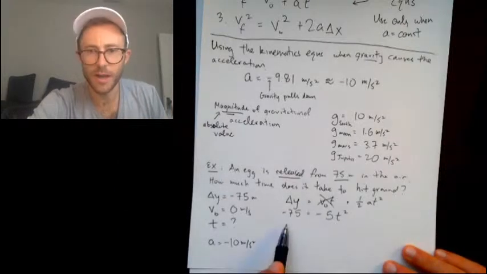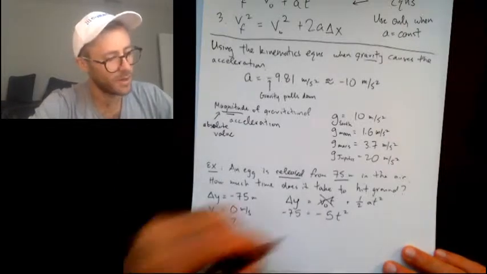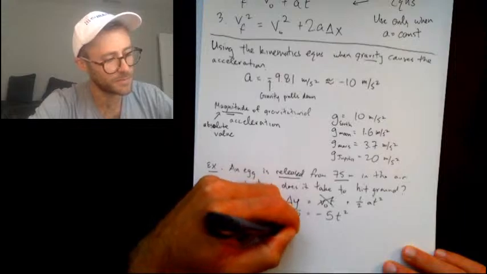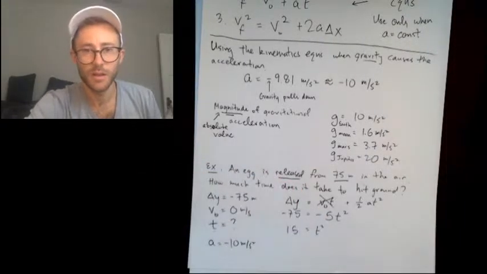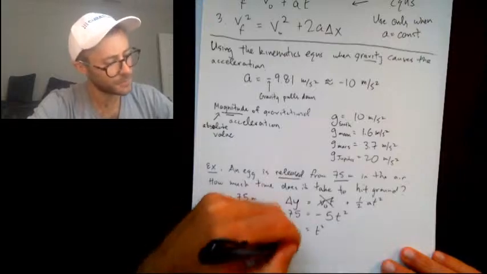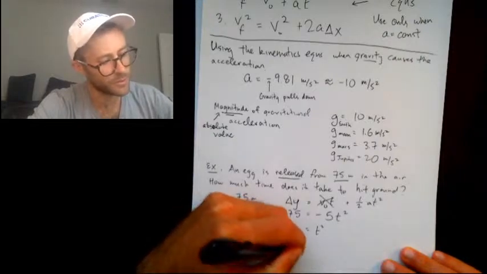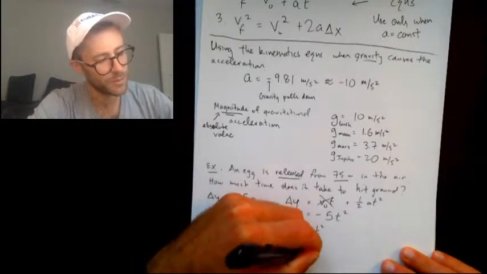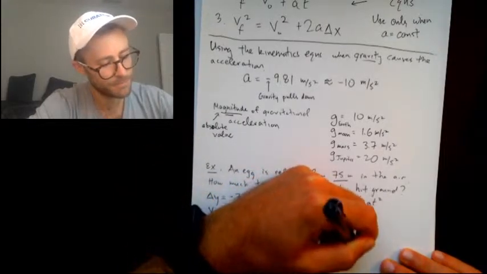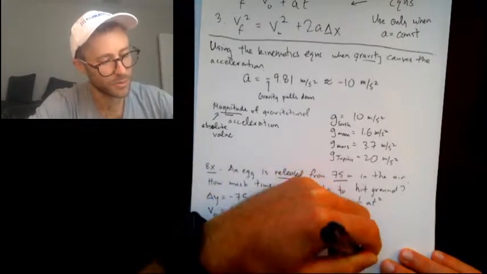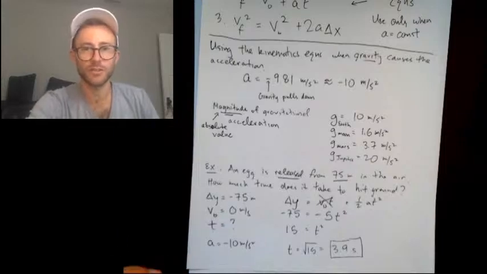Divide both sides by negative 5, and I would get 15 equals t squared. And then I take the square root. t equals square root of 15, which is 3.9 seconds. So it would take 3.9 seconds to hit the ground.